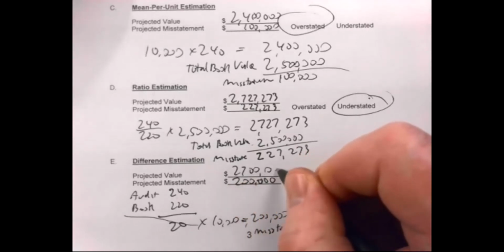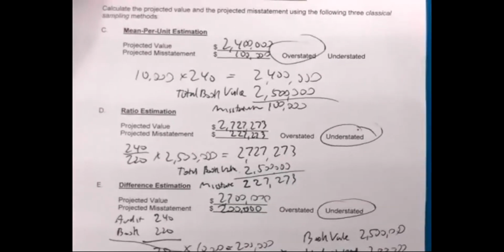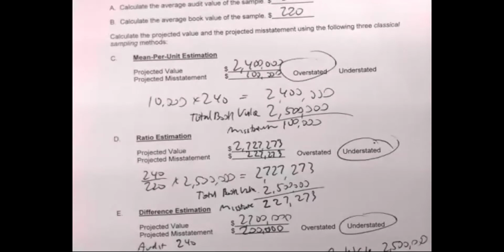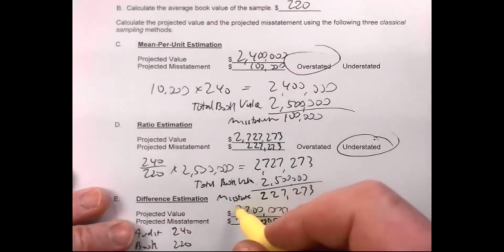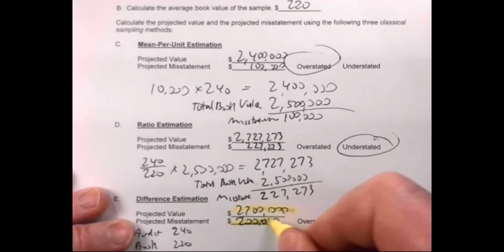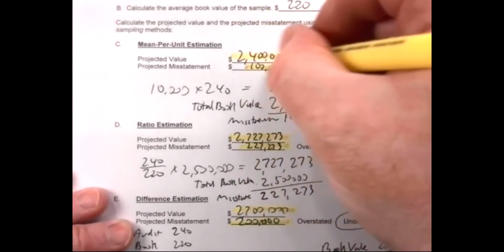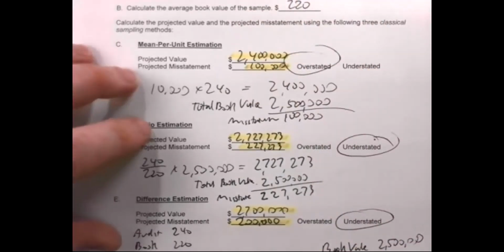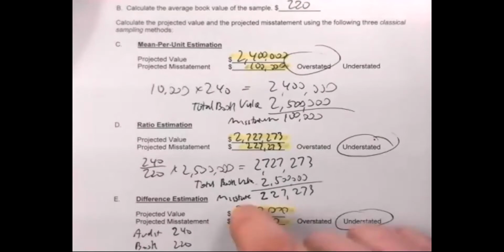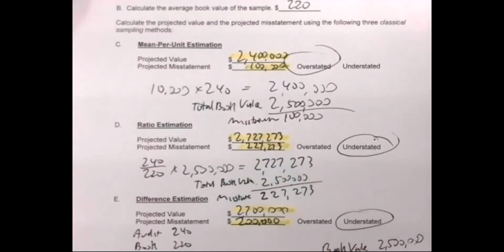So these are what you should have gotten for the answers from those. Any questions on this thing? So this is what you should have gotten, or something pretty close. Mine might be up by $1 here because of rounding, but it should be pretty close.